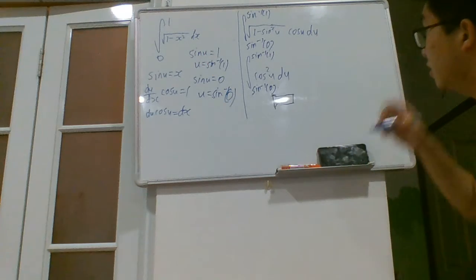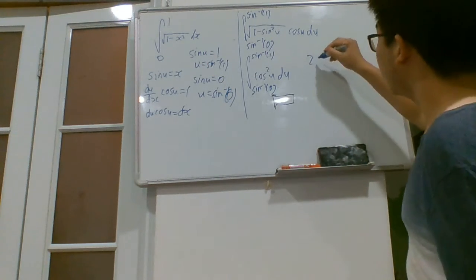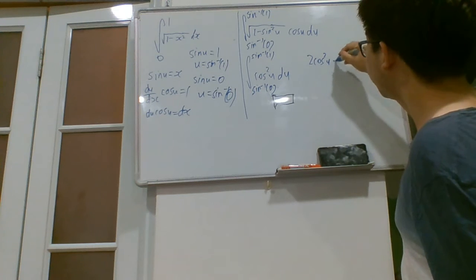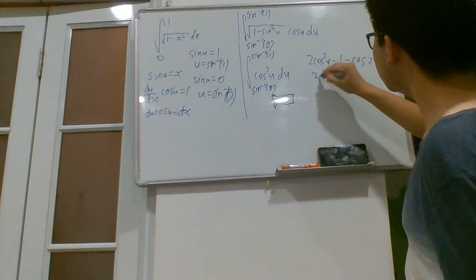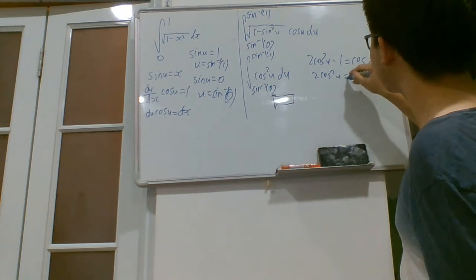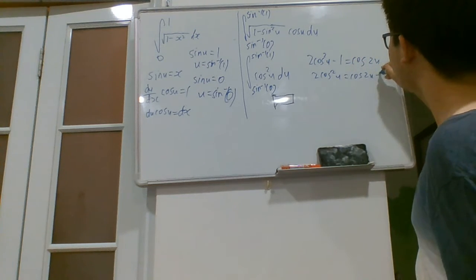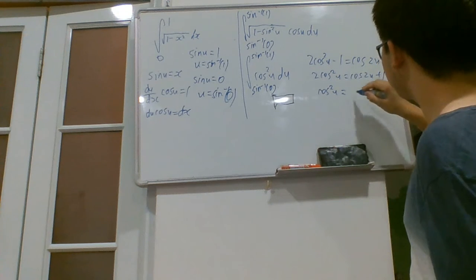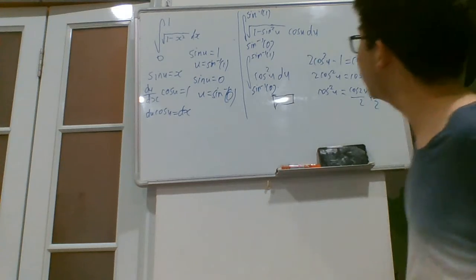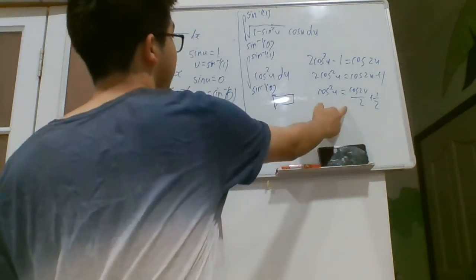And we can integrate this together. So now by your double angle formula, you move over and divide. So now let's substitute this into here.